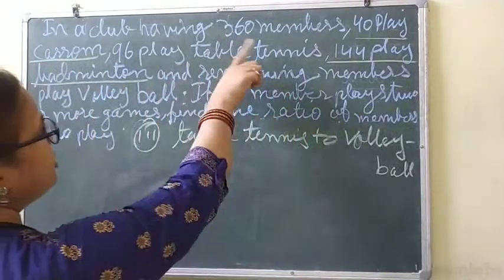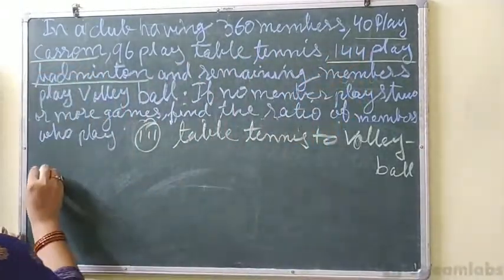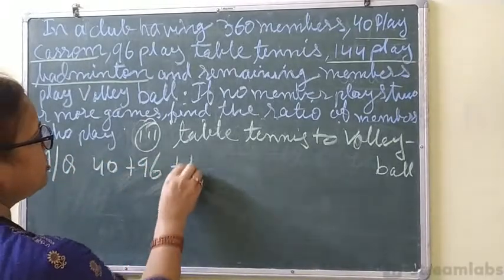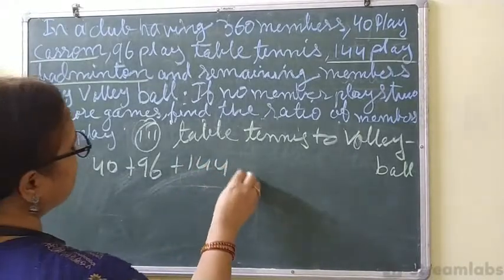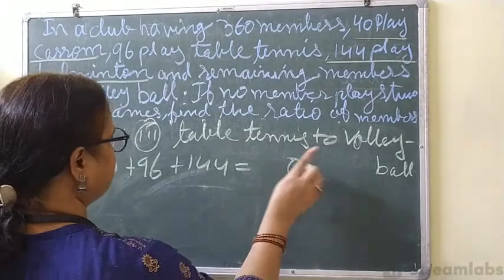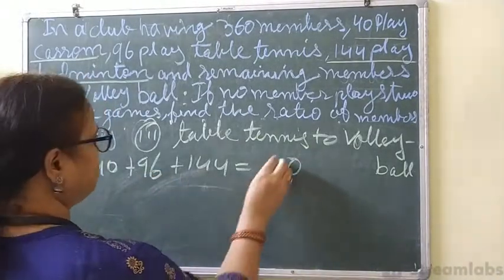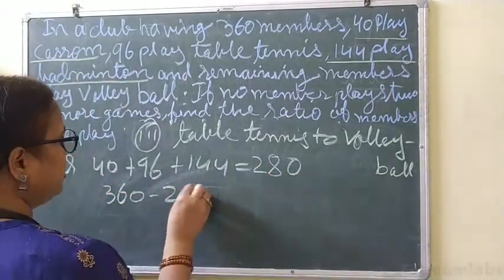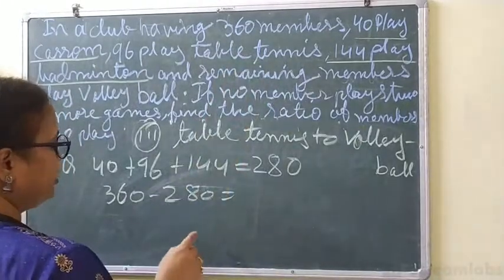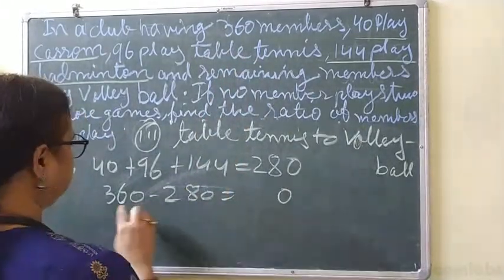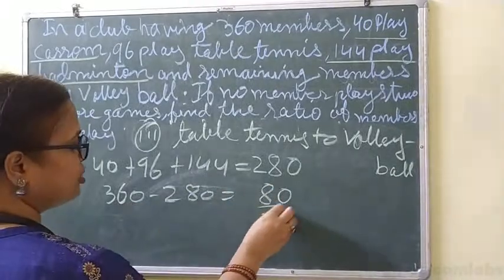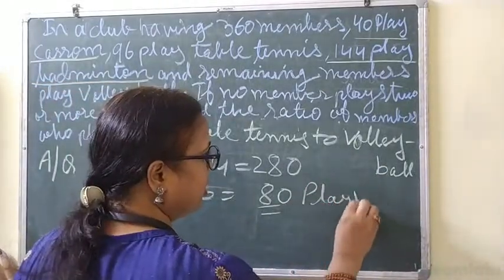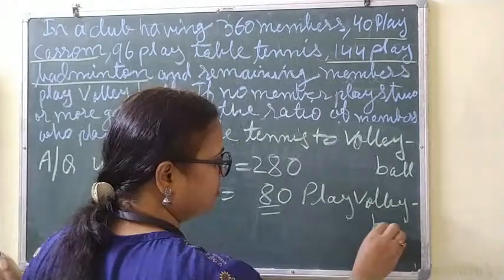So total is 360. First we will add this one. According to the question, 40 plus 96 plus 144. This will be equal to 280, and then we will subtract 280 from 360 because the total members are 360. So 80 play volleyball. Clear? 80 play volleyball.